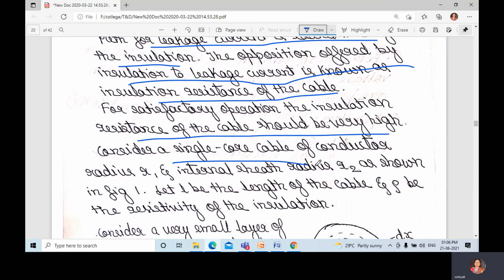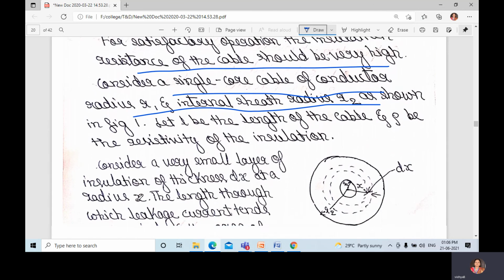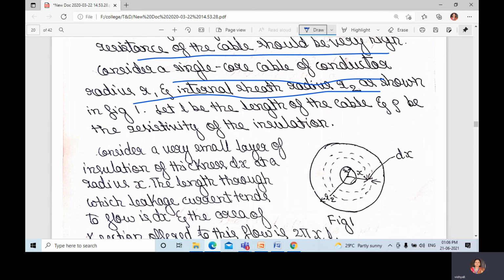Consider a single core cable of conductor radius R1, internal sheath radius R2, as shown in the figure. If you observe the figure, you will understand this is the internal radius R1 and the outer radius is R2. Let L be the length of the cable and rho be the resistivity of the insulation.